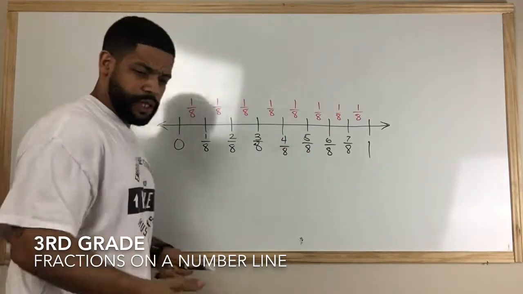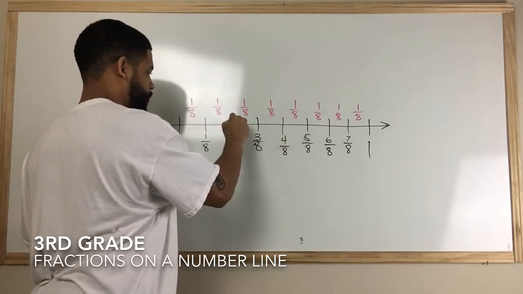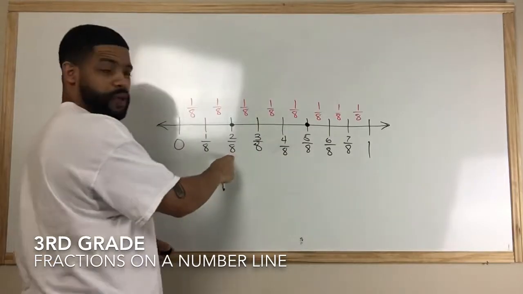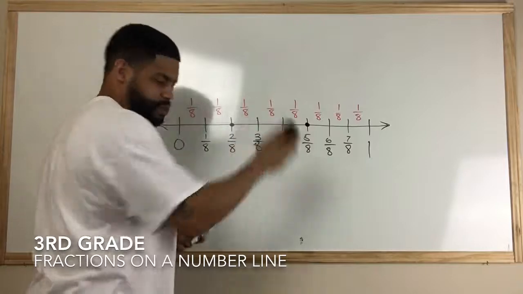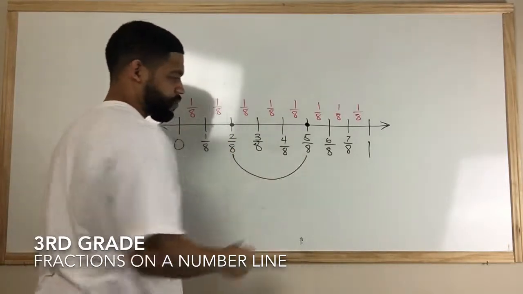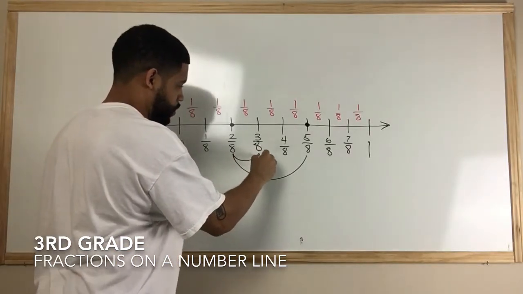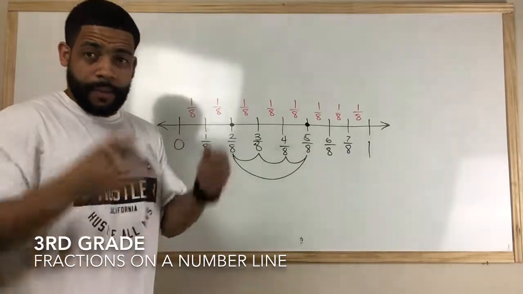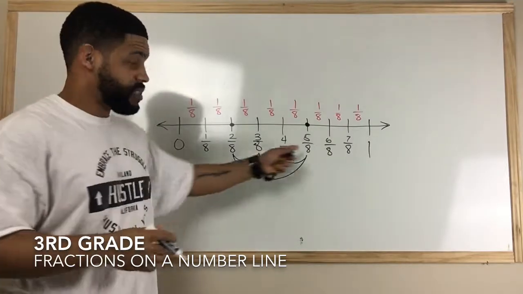Let's say, for example, you were asked to identify how much distance is between 2/8 and 5/8. We know we're going from 2/8 to 5/8. I see that 1, 2, 3, so there are 3 pieces that are 1/8 in size between 2/8 and 5/8.